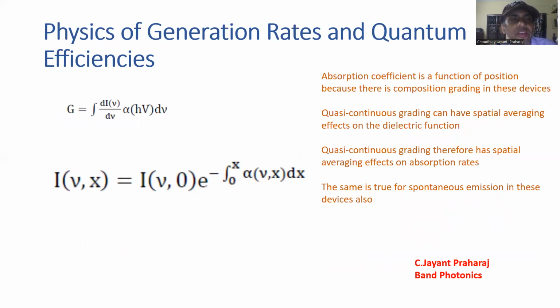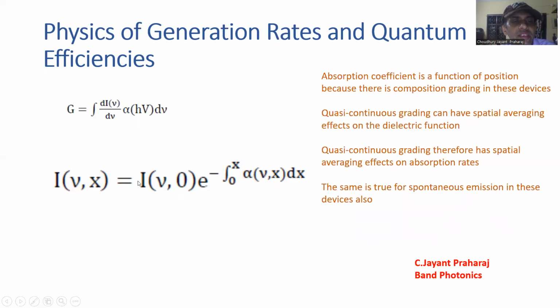Physics of generation rates and quantum efficiencies in these materials. So the absorption coefficient is a function of position because there is composition grading. Quasi-continuous grading can have some spatial averaging effects on the dielectric function, as typically the generation rate is determined by the incident intensity and then the absorption coefficient in these materials.